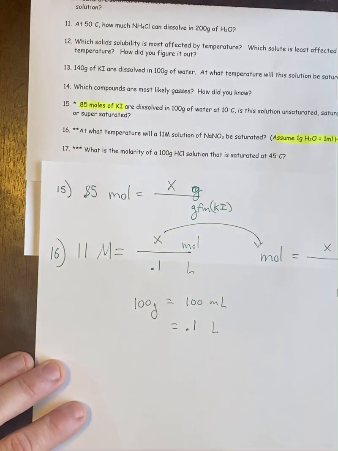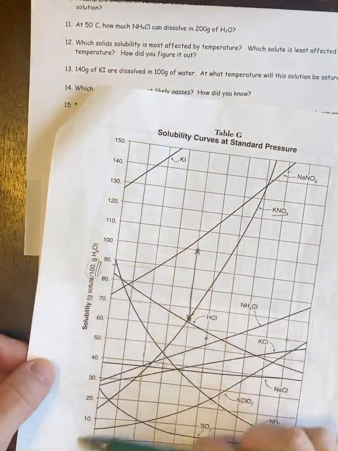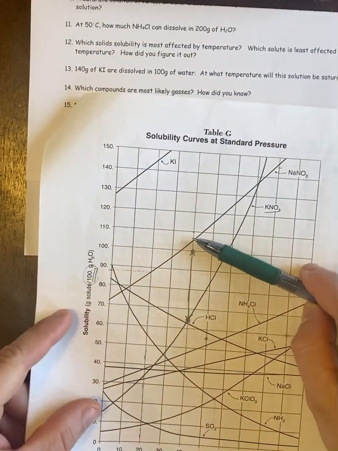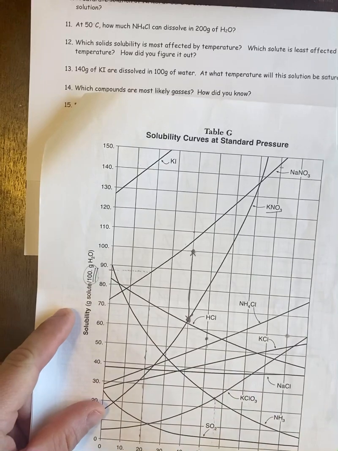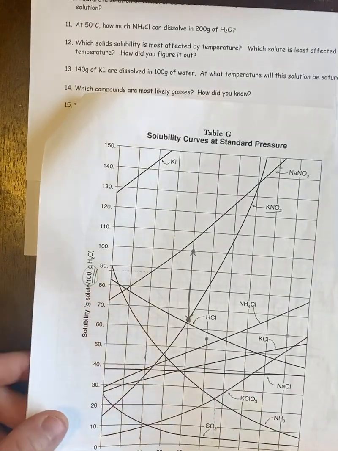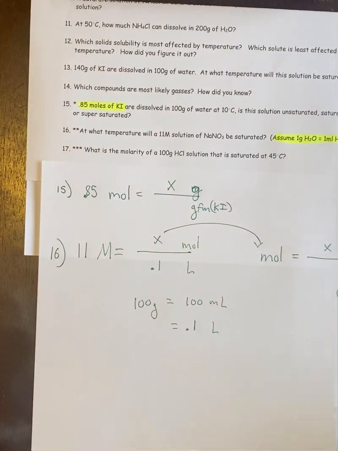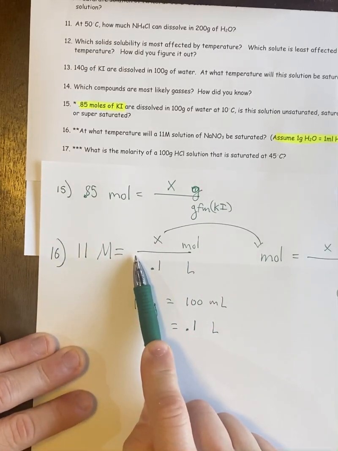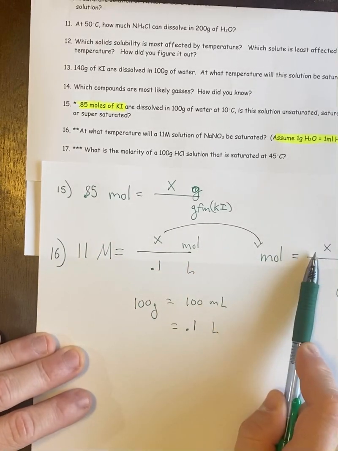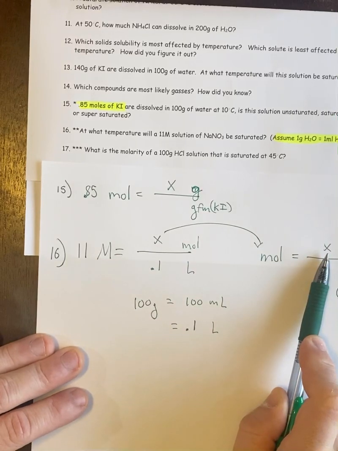So you'd essentially go to however many grams you get, go over to the NaNO3 line, hit the line, drop down, and that's the saturation temperature. But in order to get that gram amount, you've got to solve for moles first, then use the mole formula to solve for grams. Then you actually answer the question.